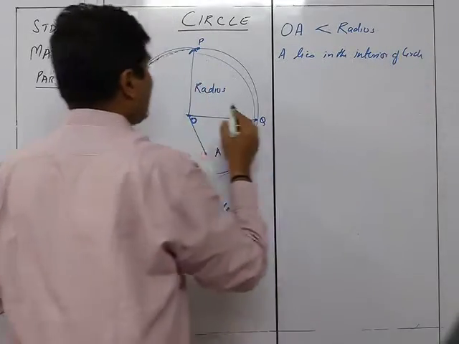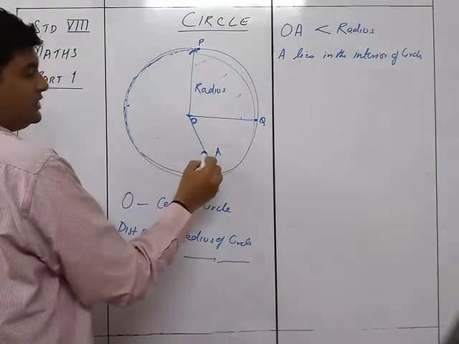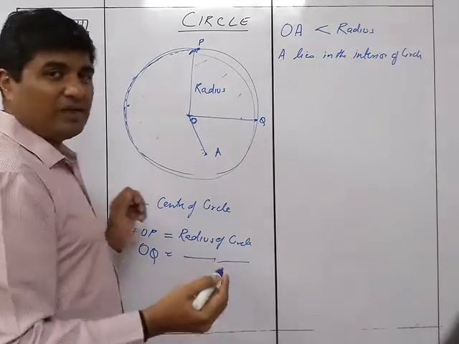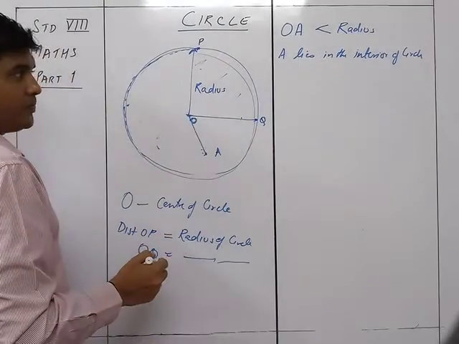That means it is lying in this particular interior of the circle because the value of OA is less than the radius. If OA is less than the radius, it lies in the interior of the circle.